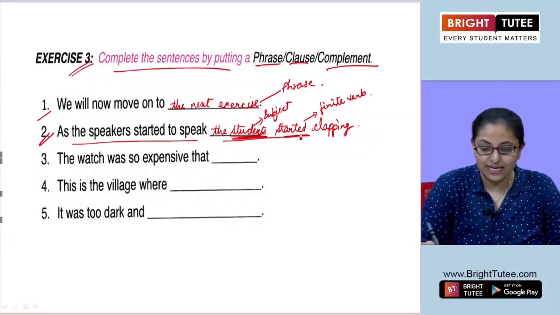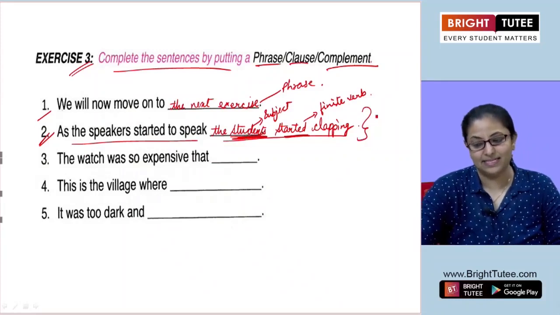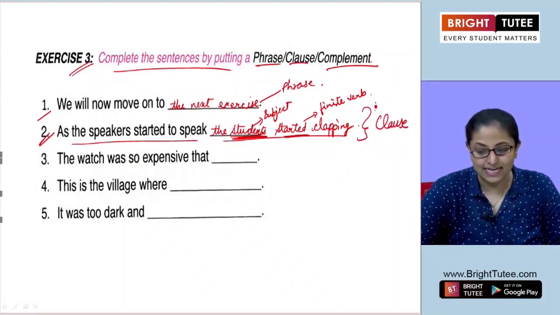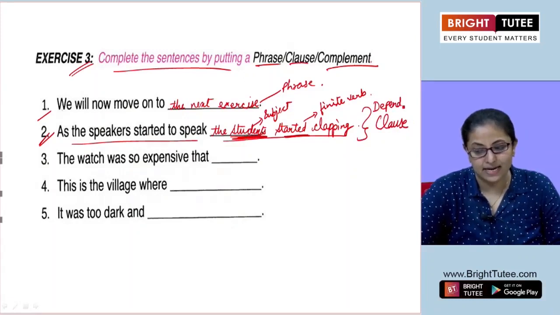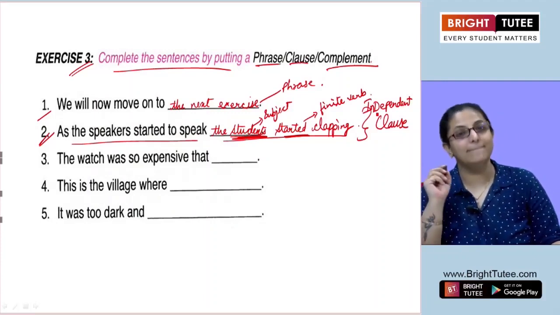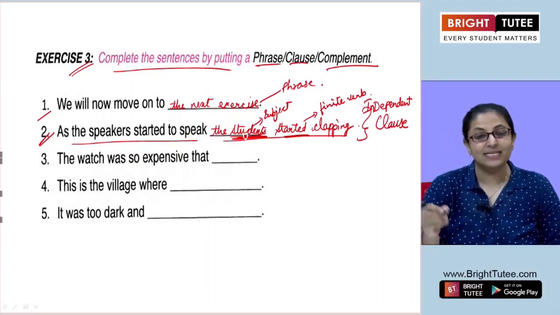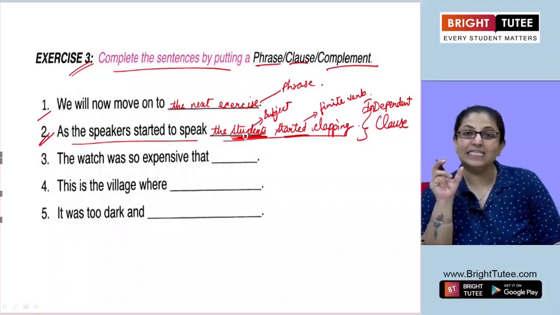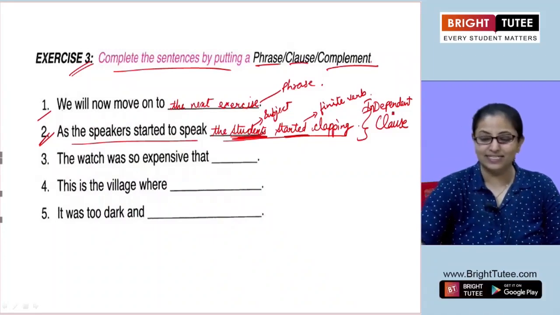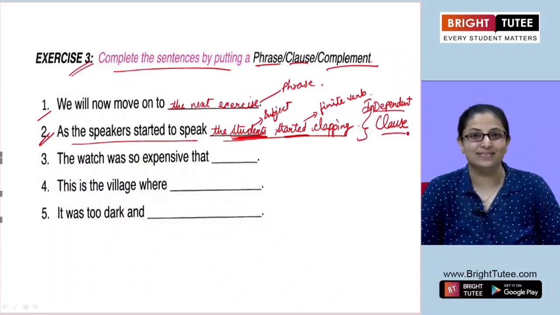So the students started clapping is a clause, and what kind of a clause? It is an independent clause. Why is it an independent clause? Because the students started clapping is a simple sentence which makes complete sense. So this is an independent clause.